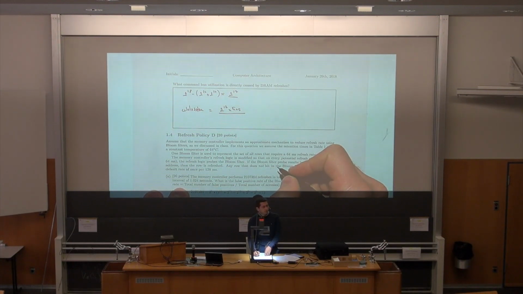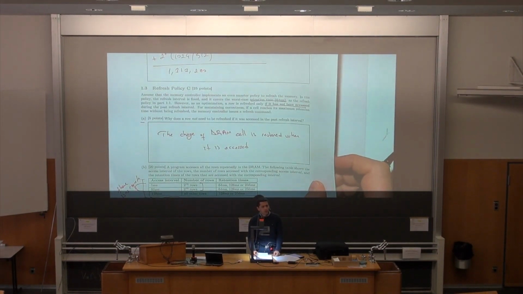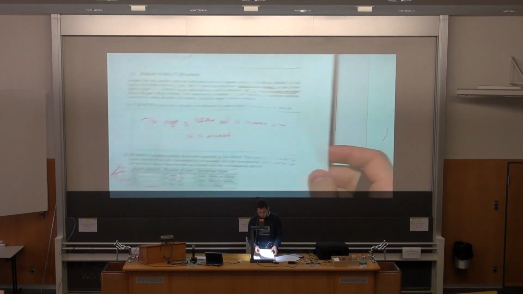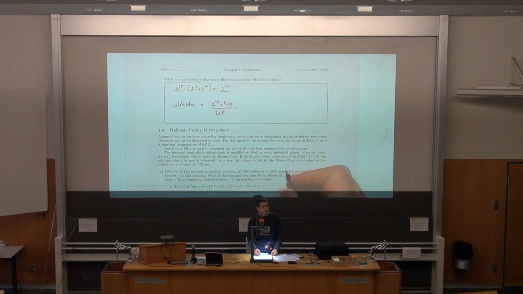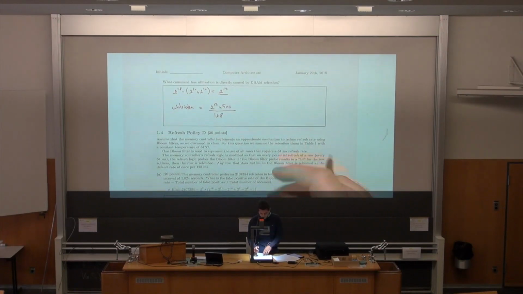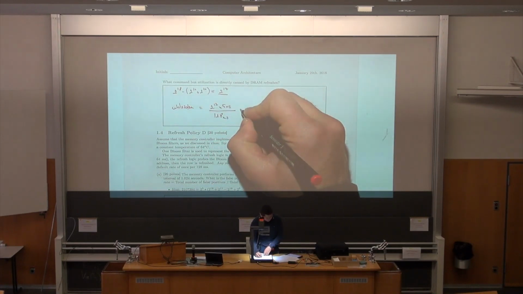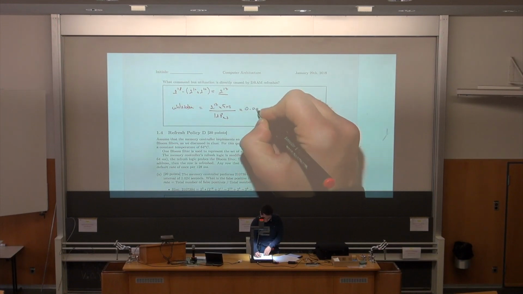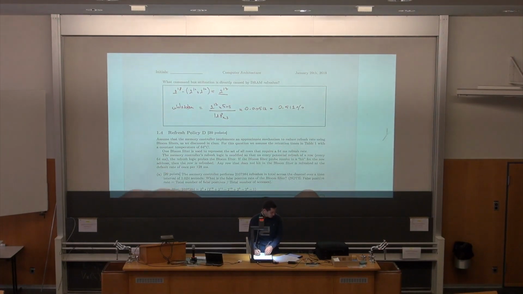But remember, the refresh interval will not be 64 anymore, because we will be refreshing those rows once in each two refresh intervals. So the refresh interval will basically be 128, not 64. And this will result, I believe, like this. And this can be written like this as well.